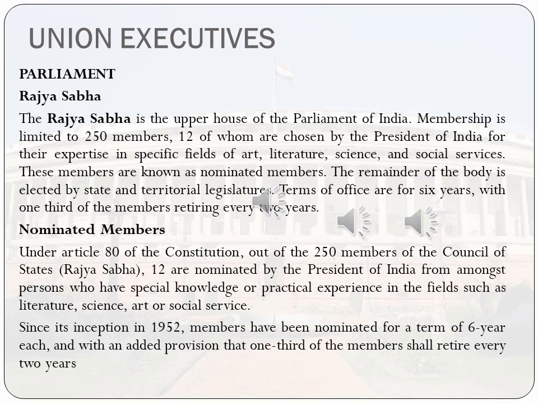Next is Rajya Sabha. Rajya Sabha is also called the upper house of the Parliament of India, or the Council of States. Membership is limited to 250 members in Rajya Sabha, 12 of whom are chosen by the President of India for their expertise in specific art fields.